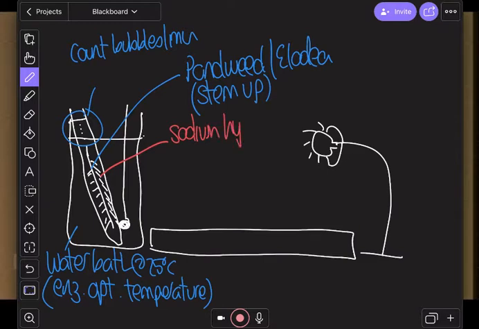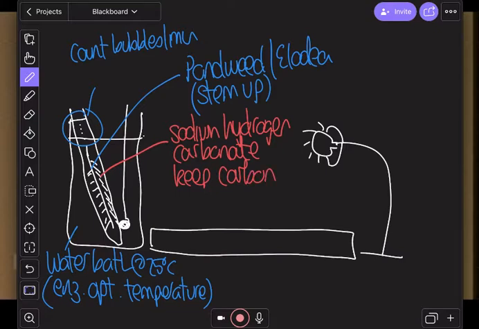When we do this experiment, we just want the effect of light intensity to be the only variable, the only change that we make every time we take a measurement. So by adding the sodium hydrogen carbonate, we keep the carbon dioxide levels constant. So that gives us one independent variable. That's going to keep carbon dioxide constant, and we have our water bath to keep our temperature constant.